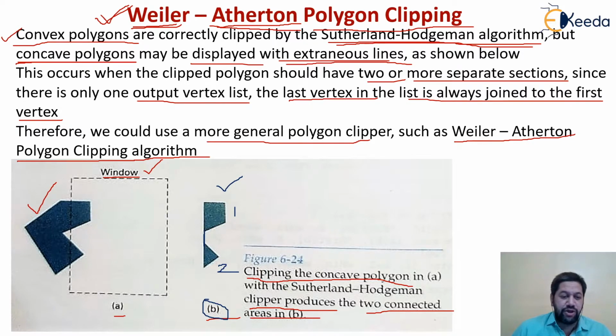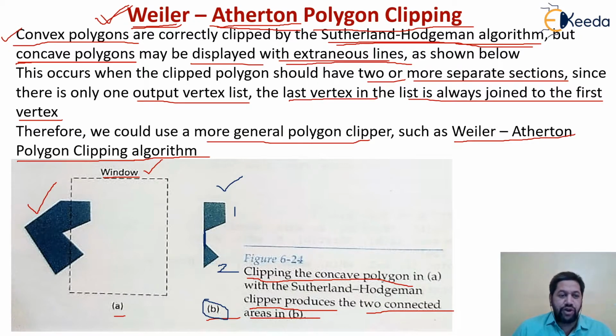If I clip it here, this will be separate, this is separate. But unfortunately, with the help of our previous algorithm, the Sutherland-Hodgman algorithm, we get one extra line connecting these two polygons, which is not the correct output.